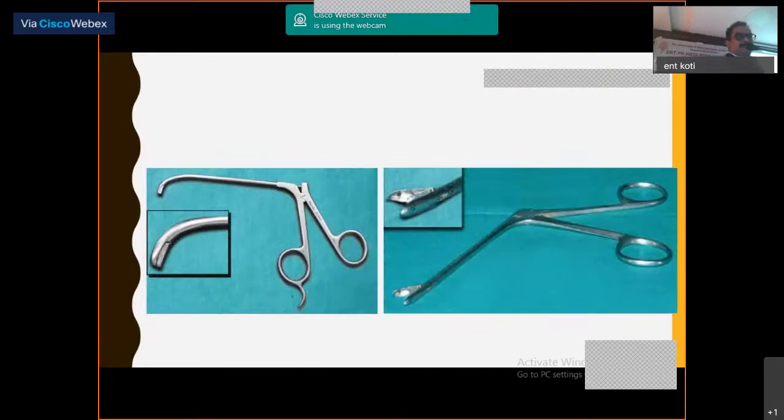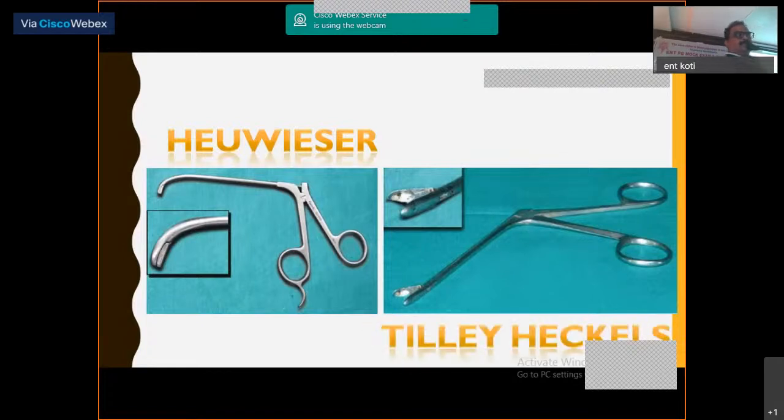In which surgery is it used? Antrochoanal polyp, it is very useful, especially for the attachment of the antral part. Very useful process. Right? And this one, compared to Blakesley, this is a scout process. This is called Tilley-Lichtwitz process.